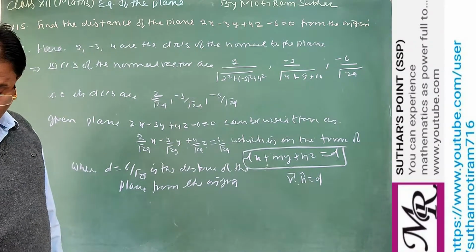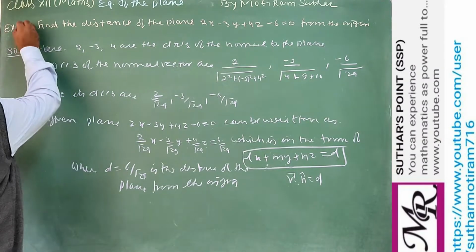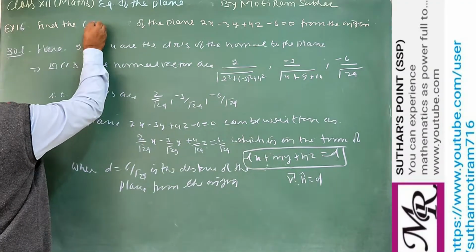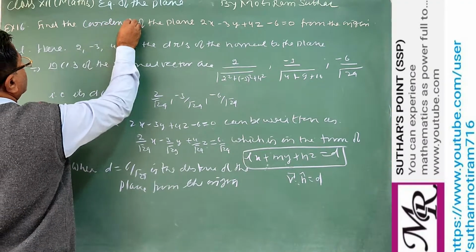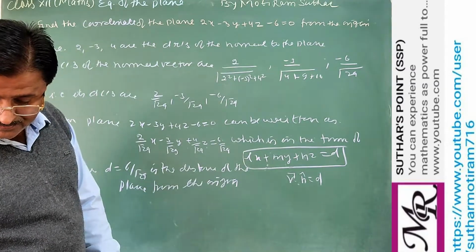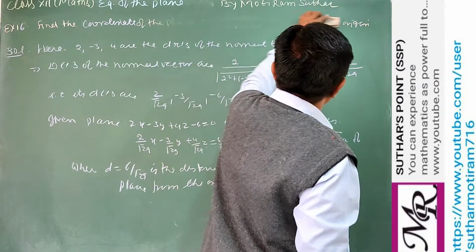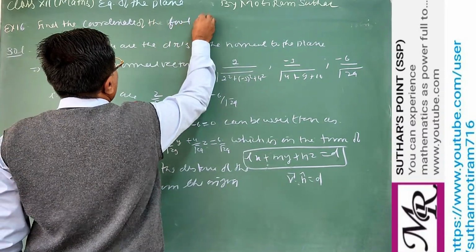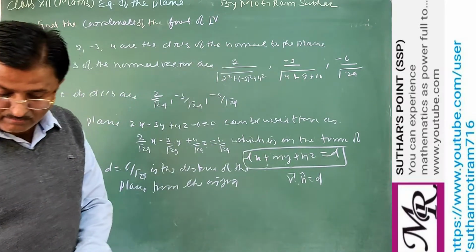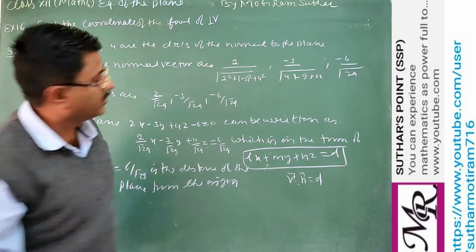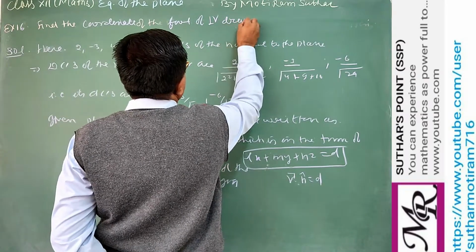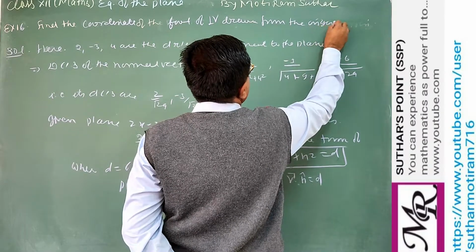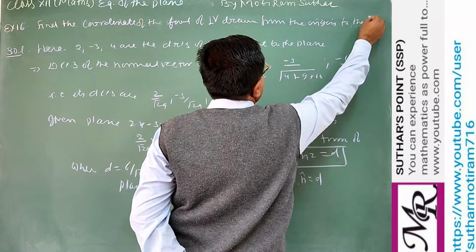Next is 16. Find the coordinates of the foot of the perpendicular drawn from the origin to the plane.